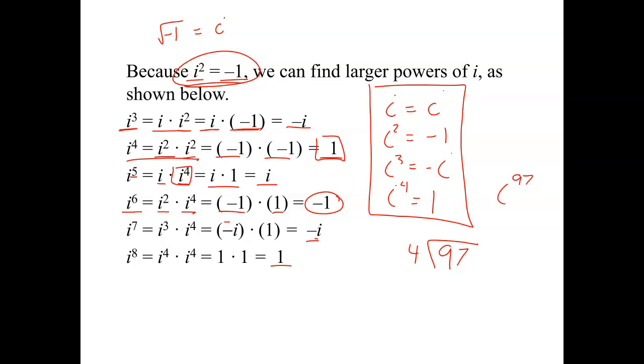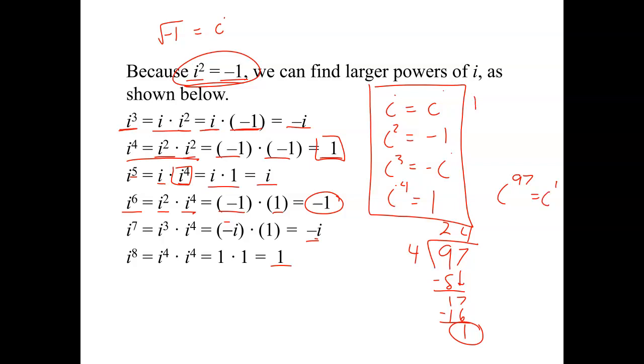Okay? So, how many times does 4 go into 9? 2. 2 times 4 gives me 8. Subtract, get a 1, bring down the 7. How many times does 4 go into 17? 4 times. 4 times 4 is 16, subtract. So my remainder is 1. Since my remainder is 1, i to the 97th power is equal to i to the 1st power.